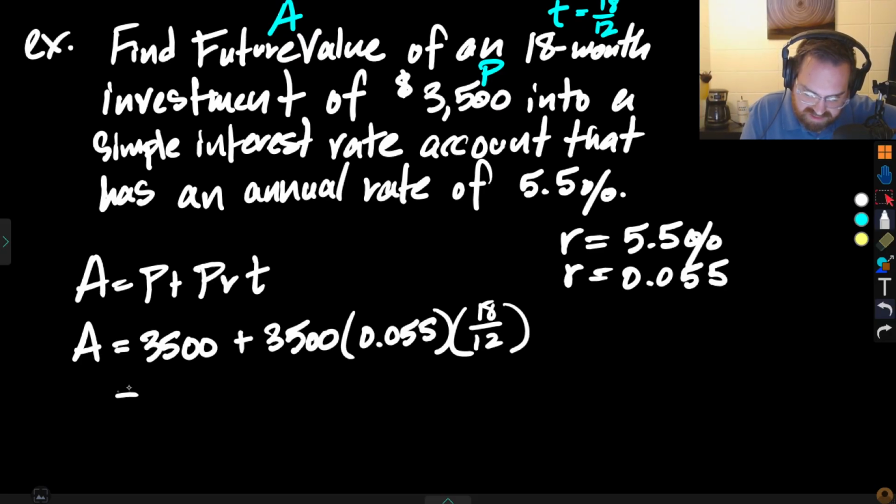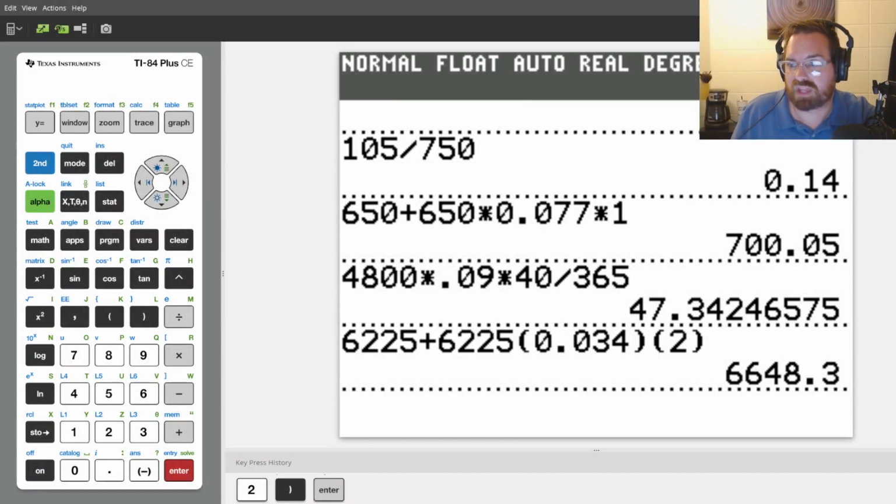Make life easy. And then again, this is all calculator work. There's going to be a lot of calculator work in this chapter, but if you want, you can use some Google Sheets to do some of this financial stuff as well. I'll talk through a little bit of that if you're interested in converting some of this into spreadsheets to make life easier.